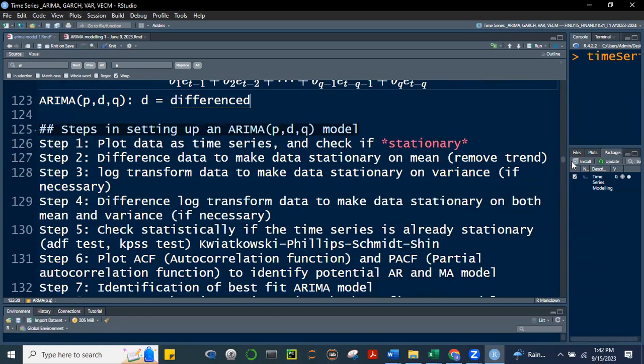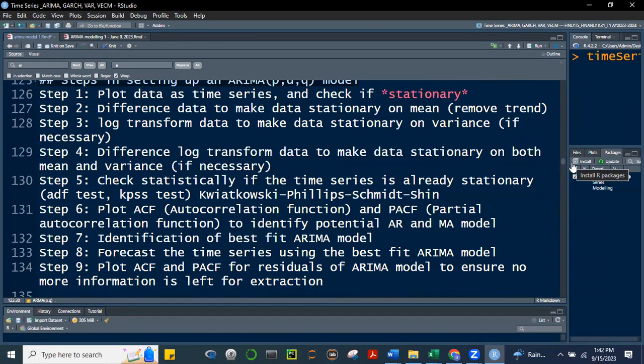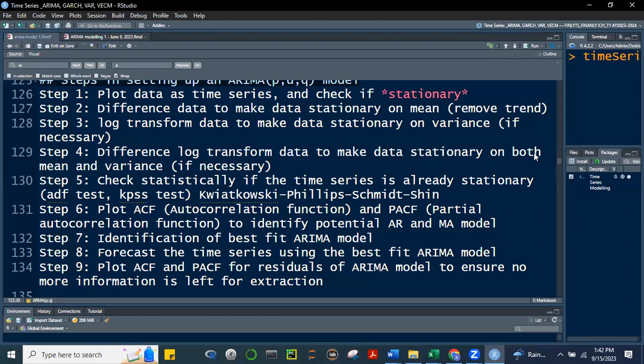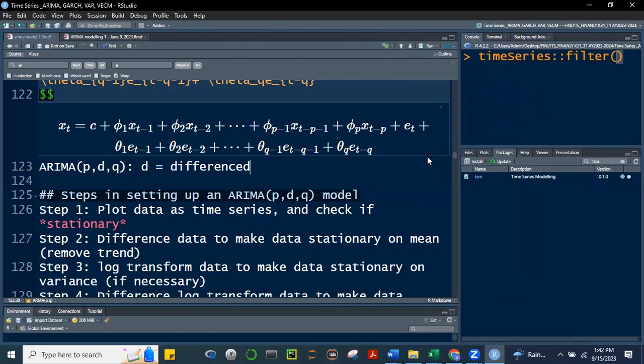Kasi you can't log the numbers kung may negative numbers pa po. Kaya log bago mag-difference. All right, thank you to Christine for that. Ang sabi ni Christine, log muna and then differencing.